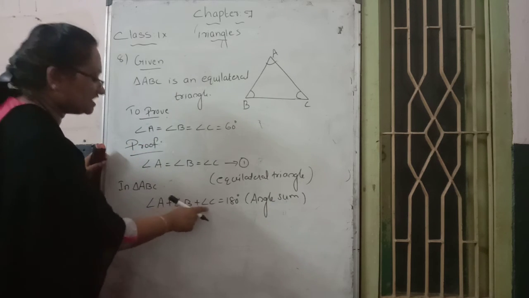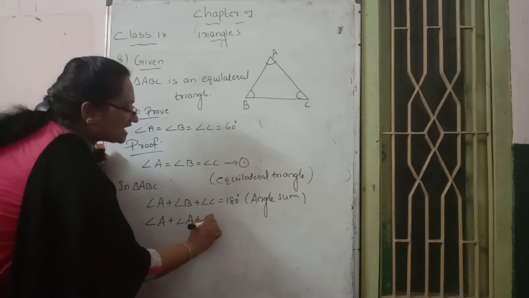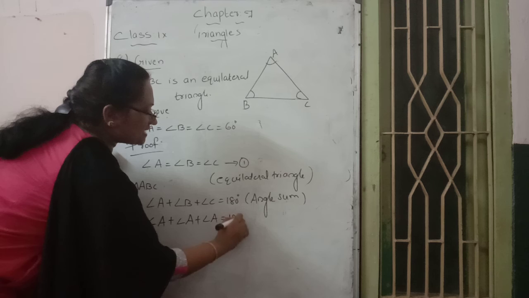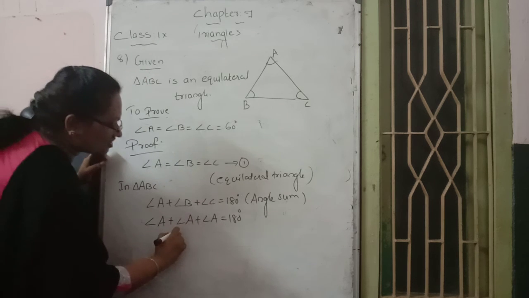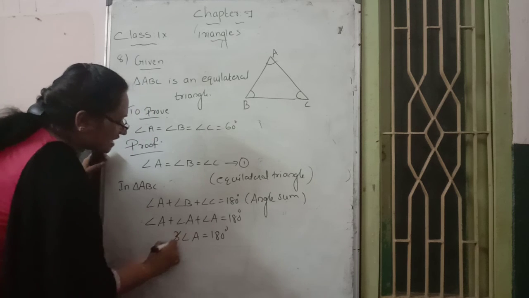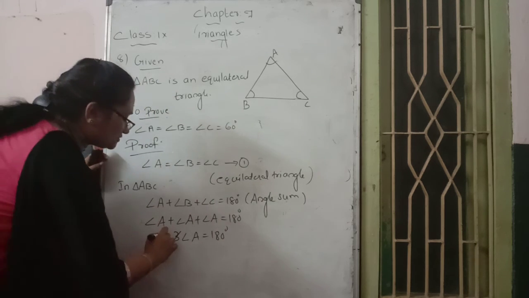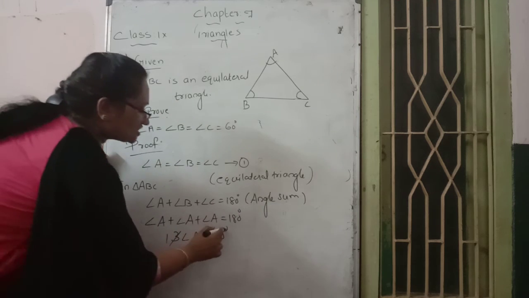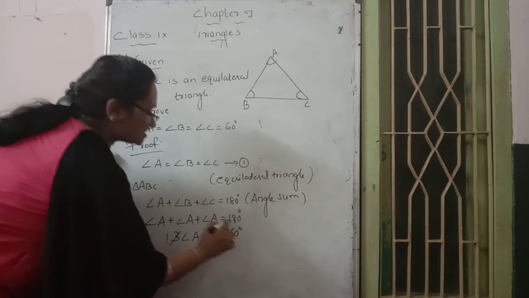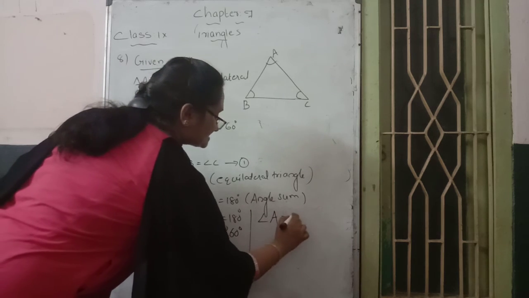In the first equation we said that A, B and C are equal, so instead of B and C we can write angle A. How many times is angle A repeated here? 3 times. Is cancellation possible on the right and left side? Yes, 3 times A is 180, so 180 divided by 3 is 60. So angle A we got as 60.